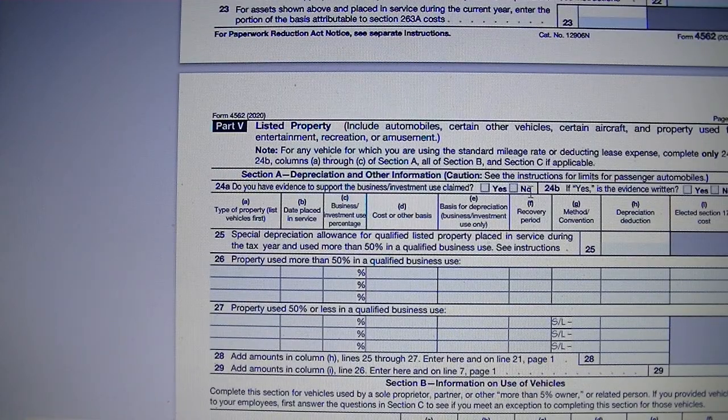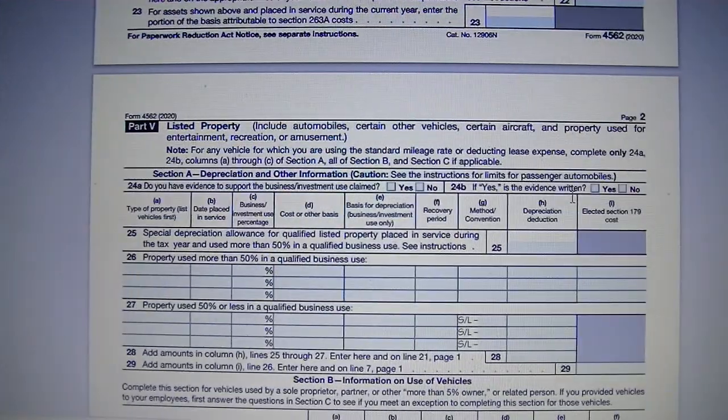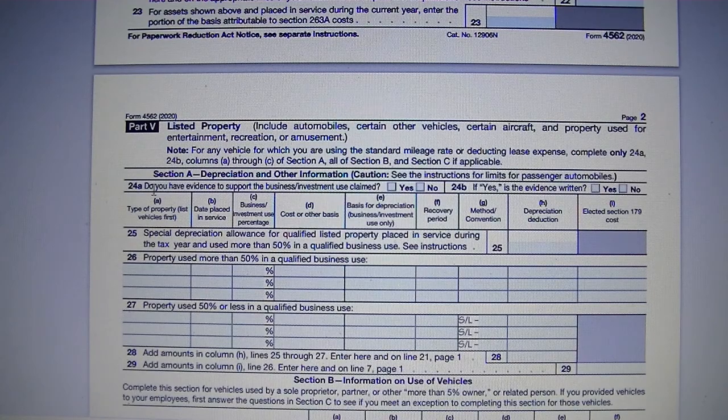So you have a yes and no question there to answer. And then you'll complete columns A, B, C only for whichever of lines 26 and 27 apply, for the car, and that's pretty much it.